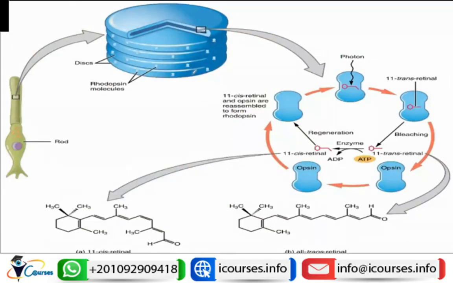Again, in the outer segment, here is the 11-cis retinal, and here is the all-trans retinal. Under the effect of light, the photon of light will cause formation of all-trans retinal, which is the active form. Then the all-trans retinal will be converted to 11-cis retinal, which will bind with the opsin again to form the rhodopsin molecule, which occurs in the dark.